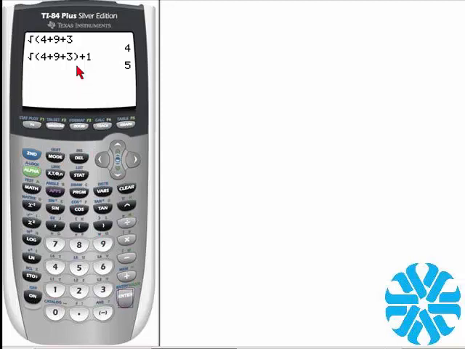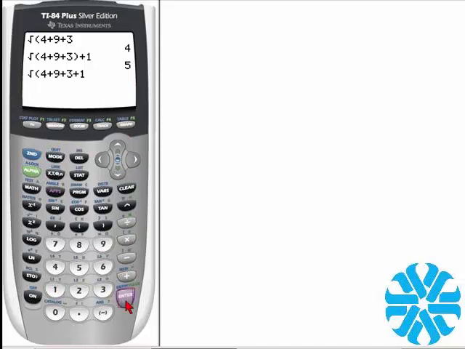Now if we did not use the closing parenthesis there, it would actually take all of these numbers, 4 plus 9 plus 3 plus 1, and then take the square root of that. So it would take the square root of 17. Let's just see what happens here. So if we take the square root of 4 plus 9 plus 3 plus 1, and we hit enter, it will be a completely different answer than 5.